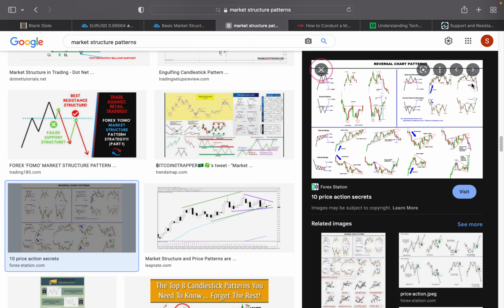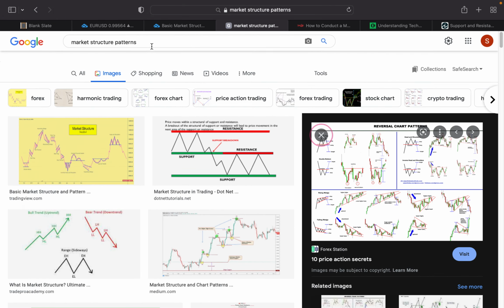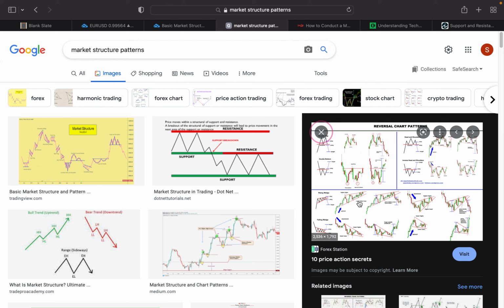Head and shoulders, showing you how to trade it, right? Very interesting, right? So go ahead and just look up market structure patterns. You'll find a lot, and try to apply them to the chart, like this outline right here shows. Try to apply that to the chart. It'll teach you a lot.